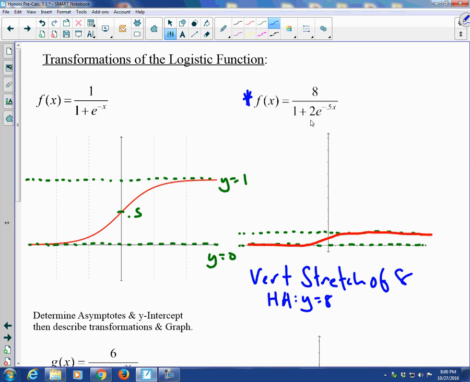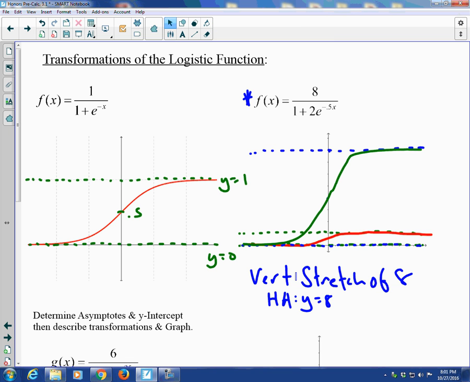But right here, with that multiplication of 8, we're seeing a vertical stretch, which means that we are going to see the top horizontal asymptote all the way up here at 8 now. And we're going to be going from that bottom horizontal asymptote to that top horizontal asymptote, giving us the graph that would look something like this, right? Now this is basically just with that transformation of 8.